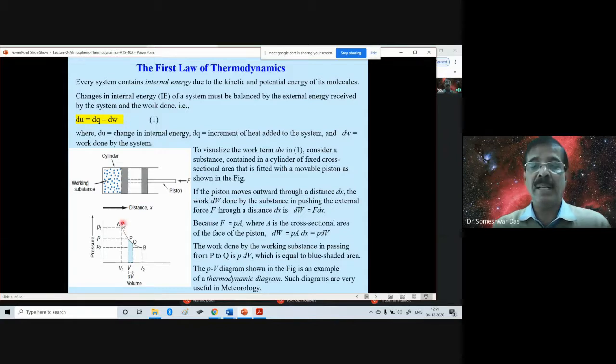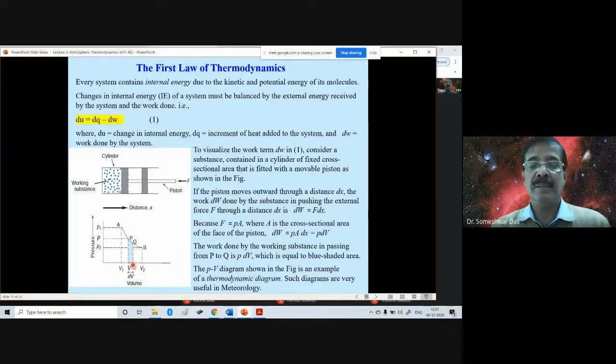So this is called a PV diagram, because you have got the pressure in the y-axis and volume in the x-axis. In this case we can easily visualize what is the work done due to movement of this piston from point P to point Q, by which the change in volume is dV.